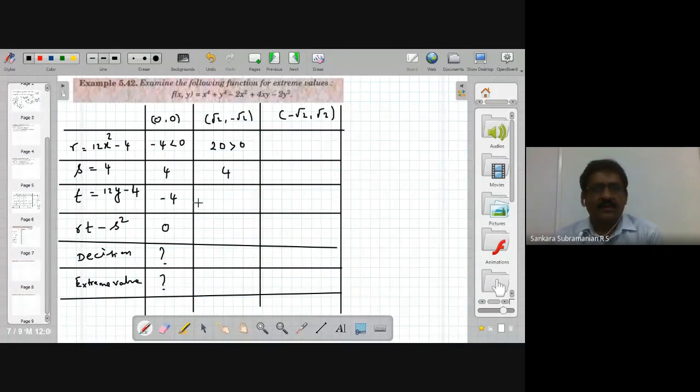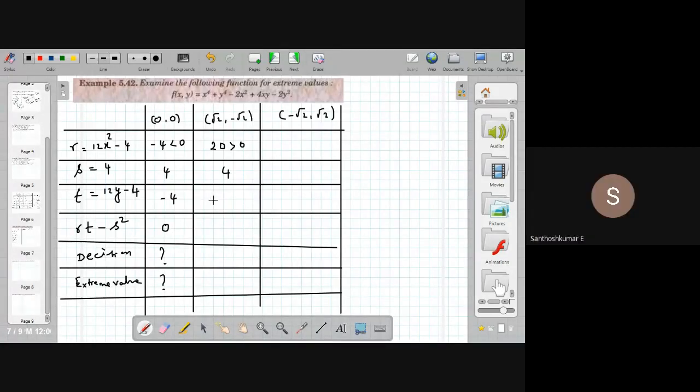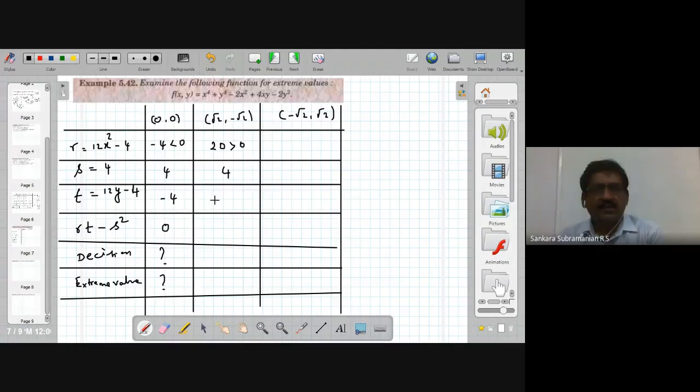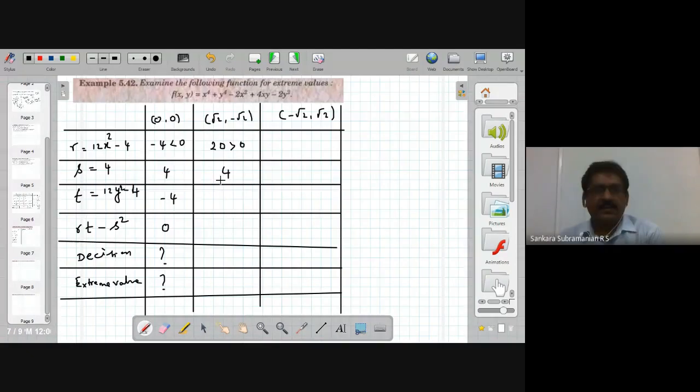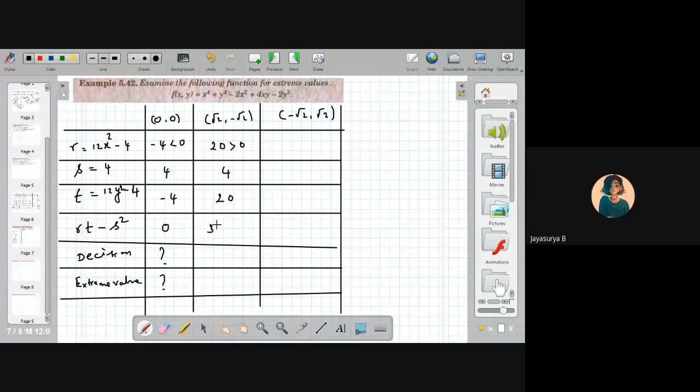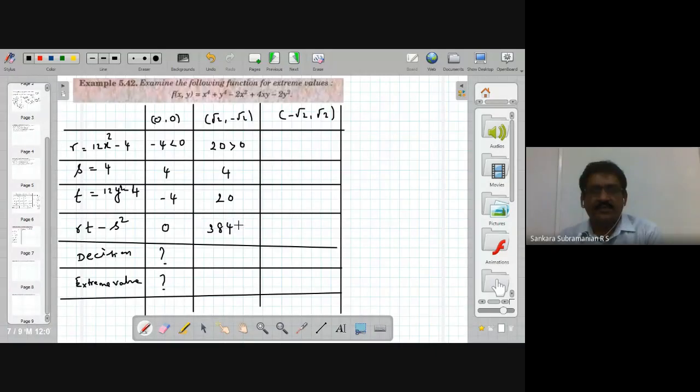And if you go with y square, you get the value as 20. And R into T, RT is 400. RT minus S square, 400 minus 16, how much? 384, which is greater than 0.